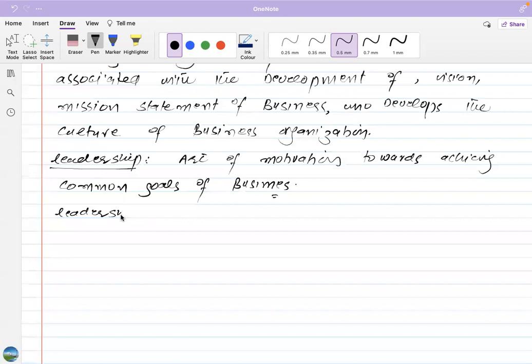First of all, what are the leadership or management positions inside the business? First of all, we have CEO, that stands for Chief Executive Officer.